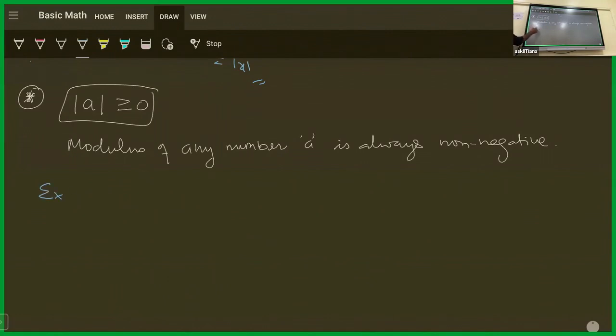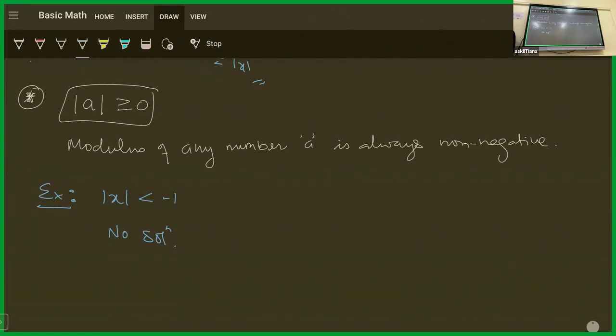So let's suppose I ask you to solve this inequality, mod x is less than -1. What is the answer for this one? Not defined, right? It means you can say no solution. Why?